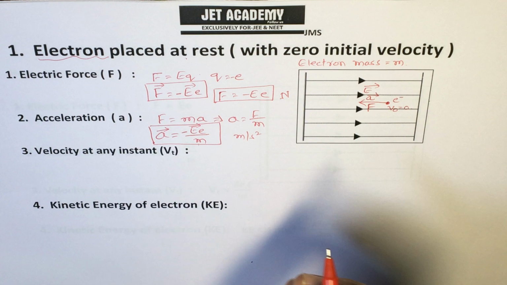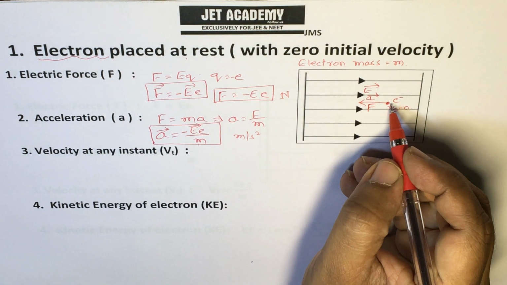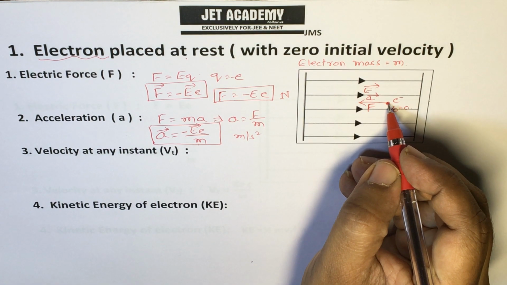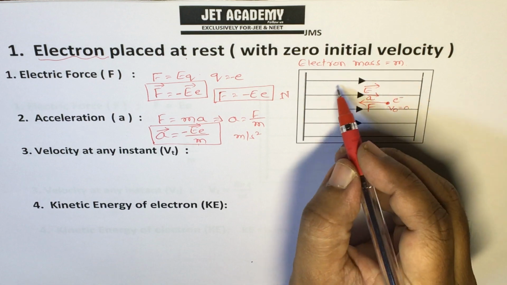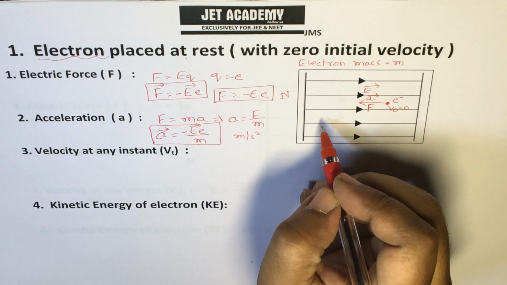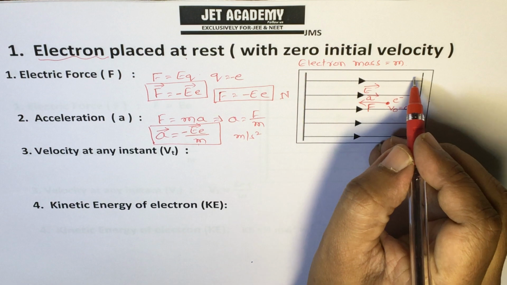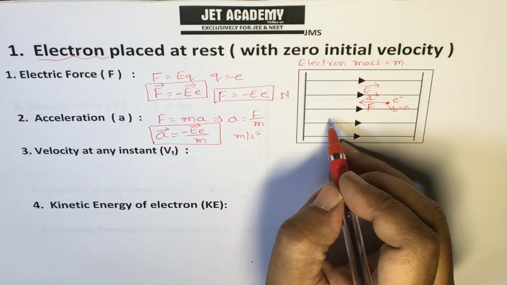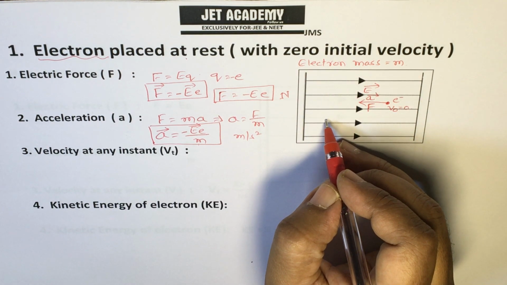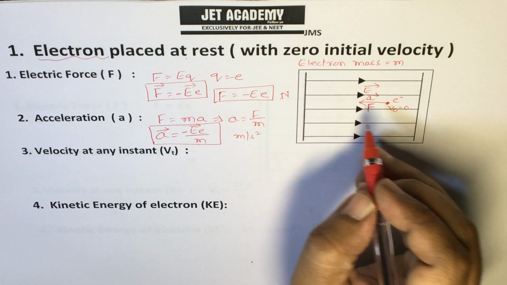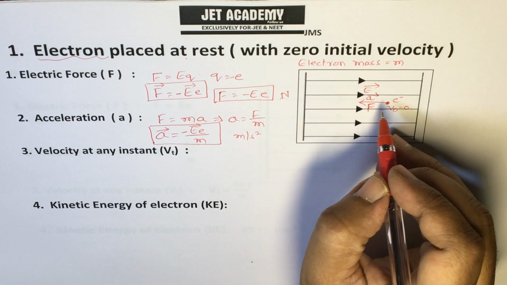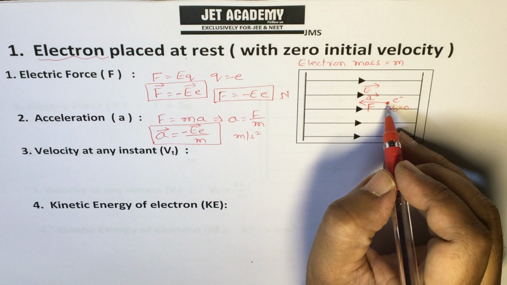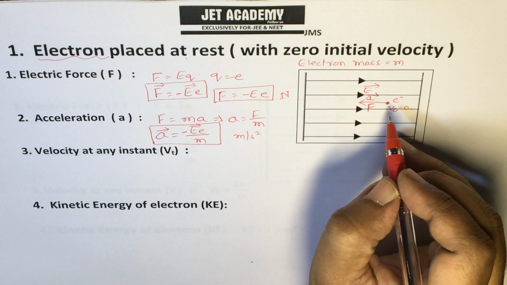Because the force acting on this electron mass is also a constant force, because everywhere it is uniform. If it is uniform, then if you keep this electron anywhere in this area, it experiences a constant or equal force. Hence the force is constant, and automatically the acceleration of the accelerating particle must be constant.